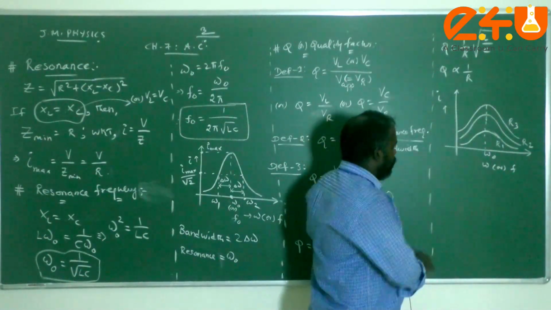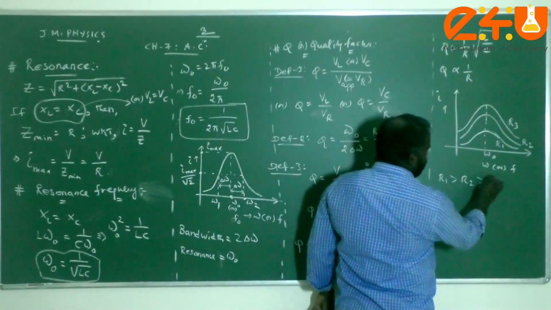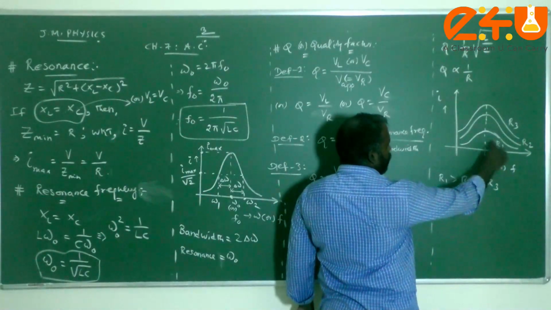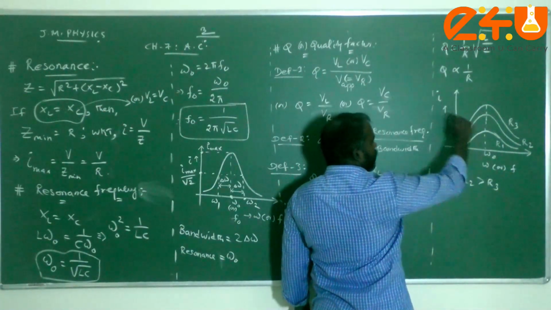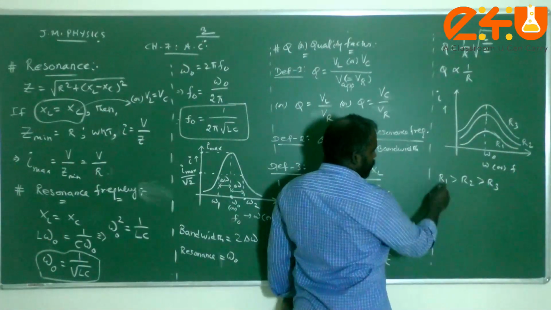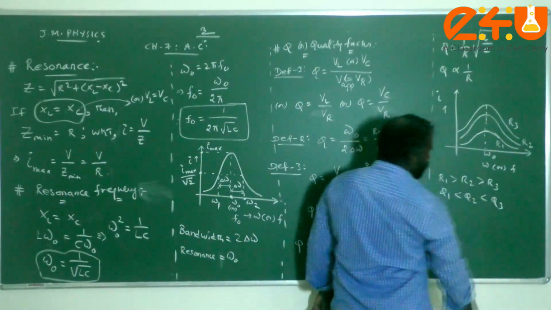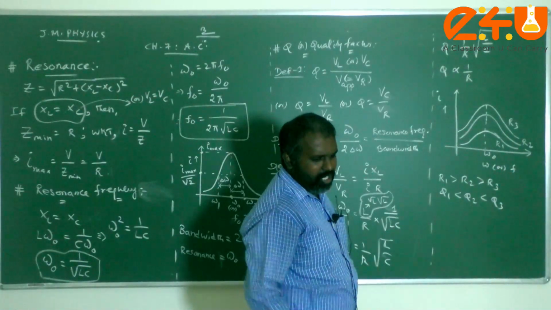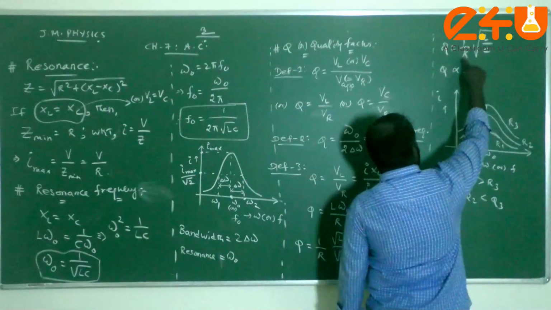From this we can say that R1 is greater than R2, which is greater than R3. When R is more, Q will be less, meaning the maximum current in the circuit will also be less. Therefore, Q1 is less than Q2, which is less than Q3. Suppose the resistance of the circuit is negligible, then we can approximate R to be 0.